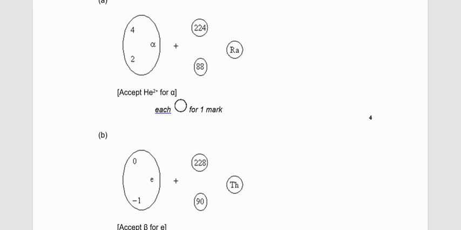So this is the marks game. You can see that you are getting a mark for correctly copying across the alpha particle, correctly identifying the different nucleon numbers, and then also for identifying that you produce radon. Similarly for Part B, 1 mark for everything that is in the circles.